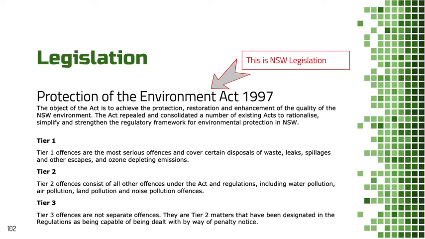Now, a tier 1 offence carries some pretty significant penalties. If you work for a company, it's a $5 million fine or $1 million for an individual, and it can also be 7 years imprisonment for the individual if it was proved that it was committed intentionally.